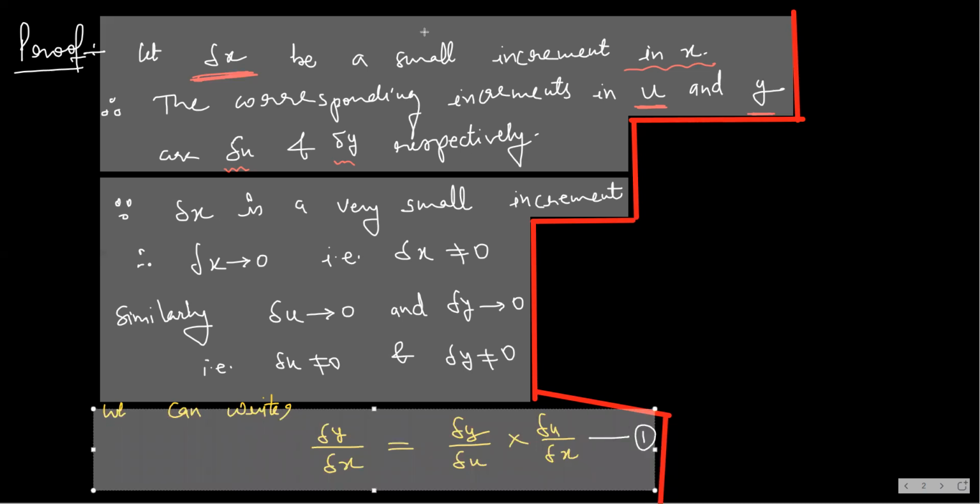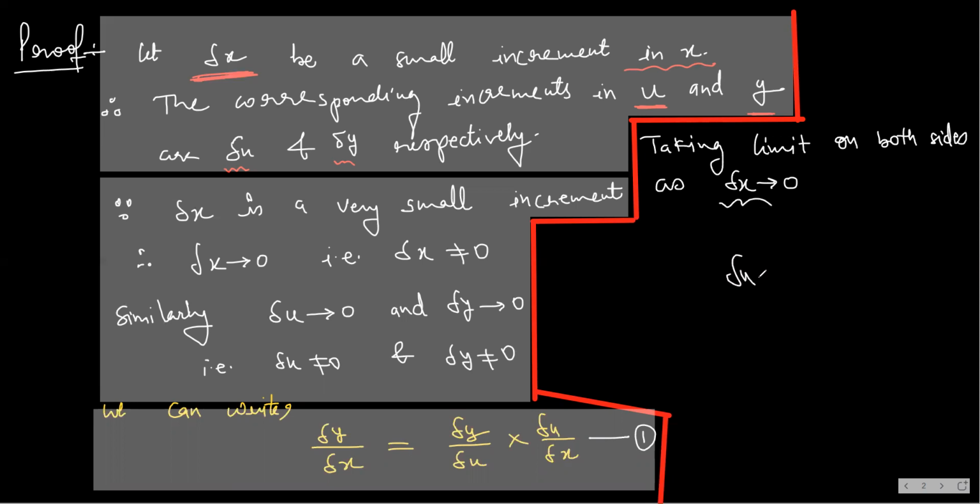See, the fourth step I write here is taking limit on both sides as delta x tending to 0. Remember, students, if you have a question, why take limit as delta x tends to 0?